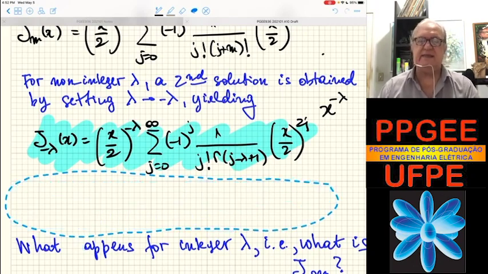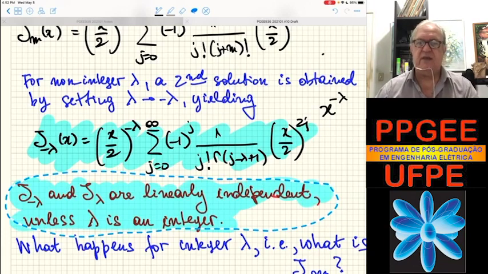unless lambda is an integer. Okay, I'm not going to lose a lot of time demonstrating that, but the demonstration is here in the class notes. I suggest you work this out, do the passages, to make sure that this is correct.